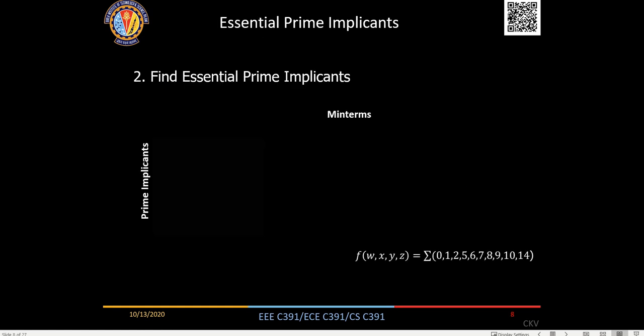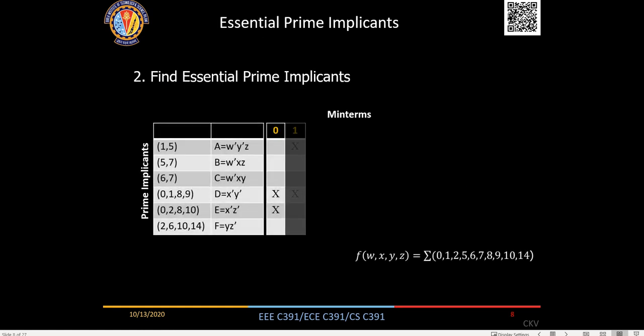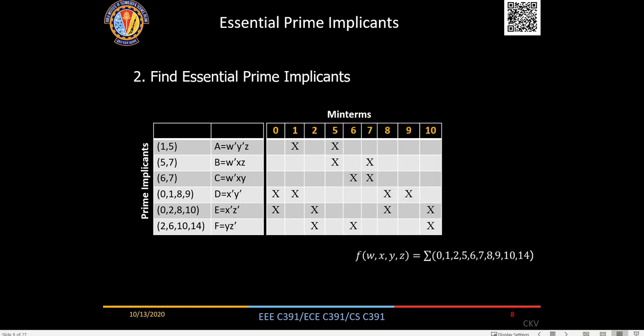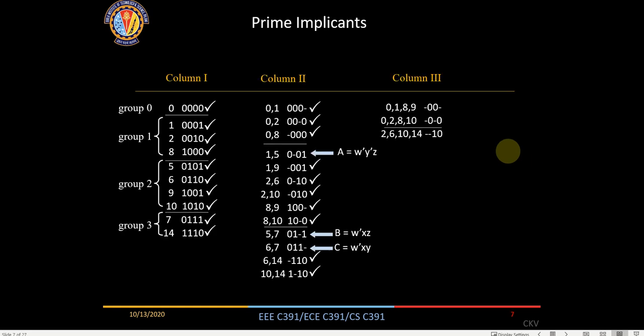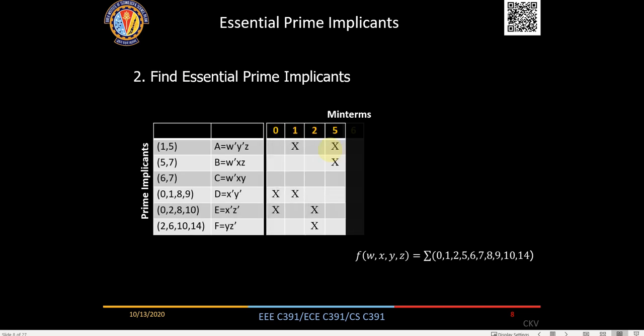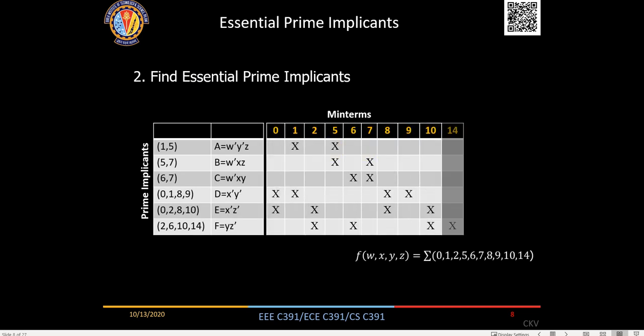Then there could be some questions based on optimization, finding essential prime implicants from the prime implicants. There may not be a question which is both this and that. I'll split into 2 different questions, so that time consumed is not that much.